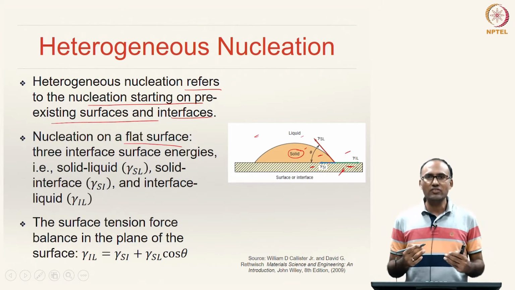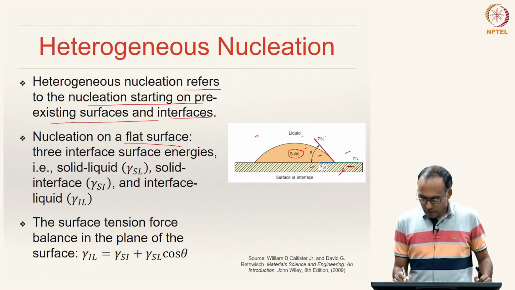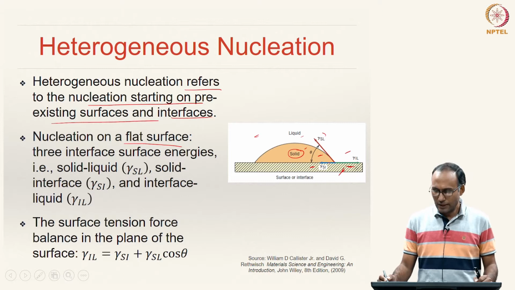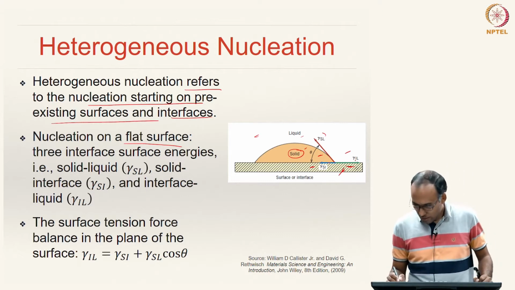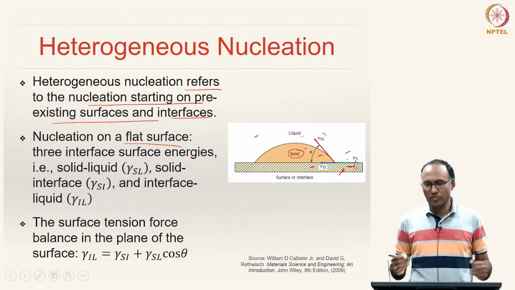So, each of these interfaces has a certain surface energy. This is what we call gamma SL, the surface energy between the solid and liquid interface, and gamma IL, where the I refers to the interface, the surface on which the solidification is happening.